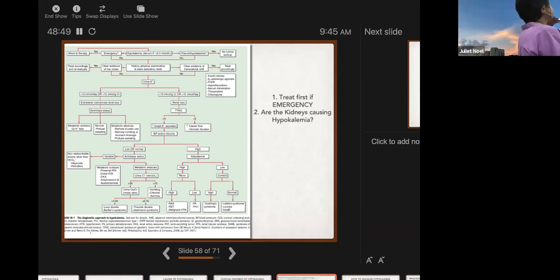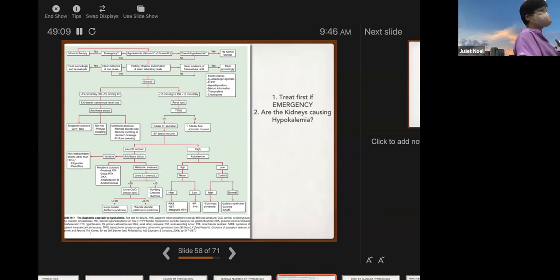If it is less than 4, it's a decreased tubular flow, so you would see that in osmotic diuresis.